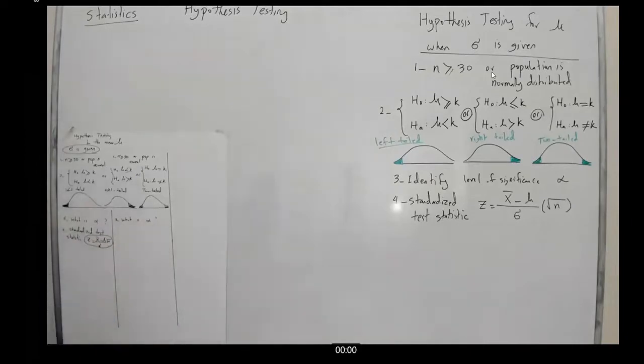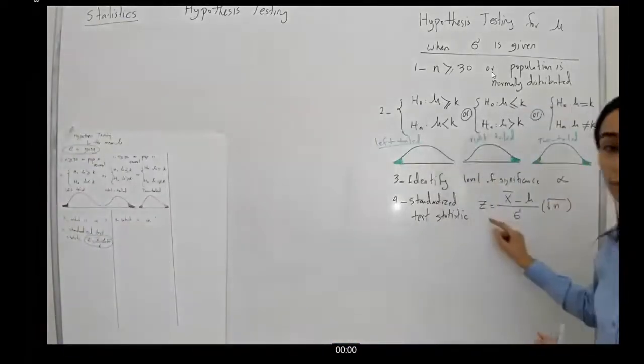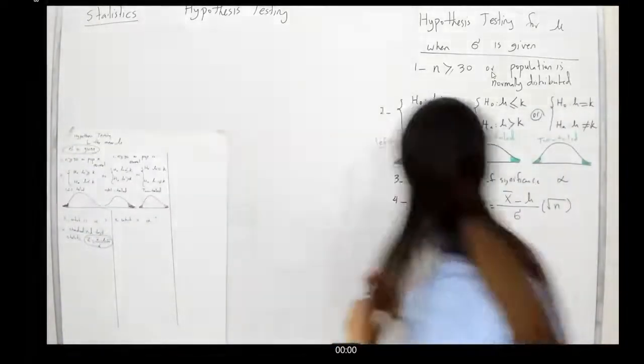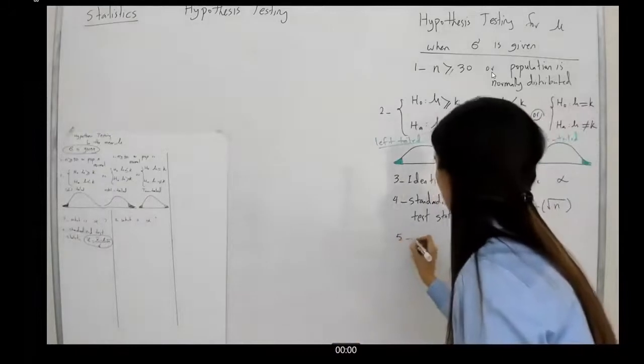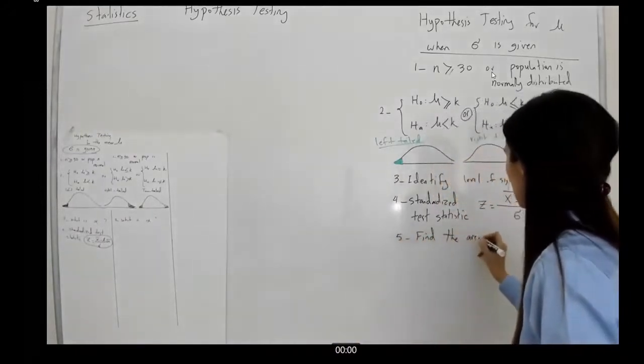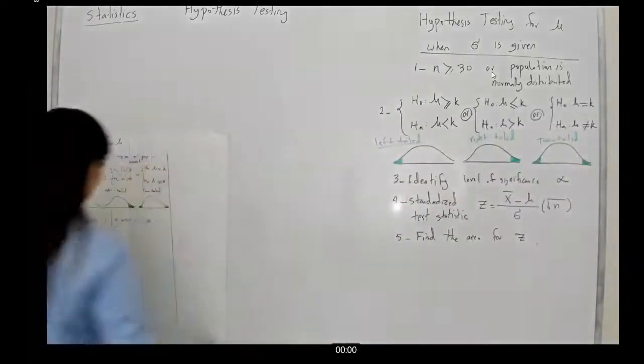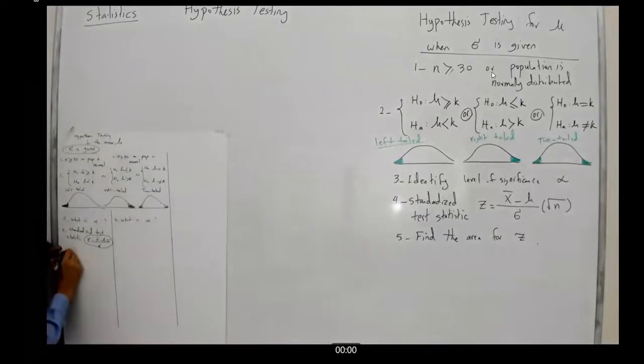Next step. Find the area. Very good. Find the area for our Z. So step 5.